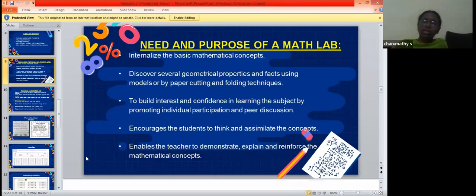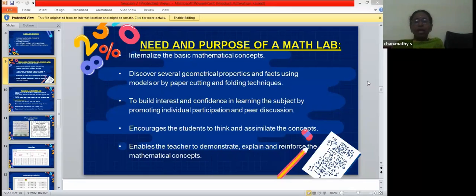There it would have been only a simple way, like the teacher writing on the blackboard and children copying it in the notebook or working out the same in their notebook, not beyond that. Here they work on the concepts in an individual manner. Next one is to discover several geometrical properties and facts using models or by paper cutting and folding techniques.